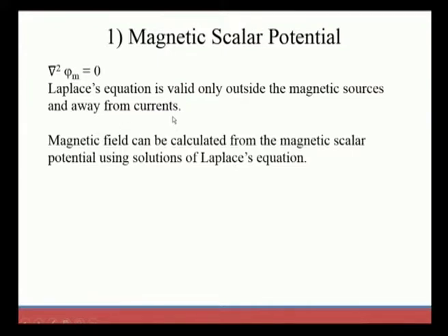We considered the current to be 0 and also outside the magnetic sources. So a magnetic field can be calculated from the magnetic scalar potential using solutions of the Laplace equation.